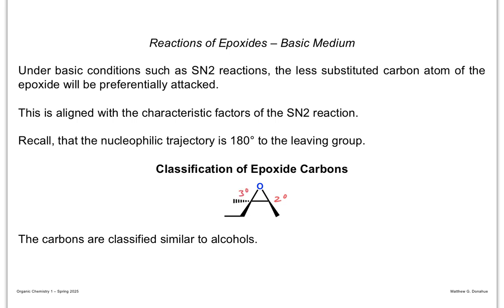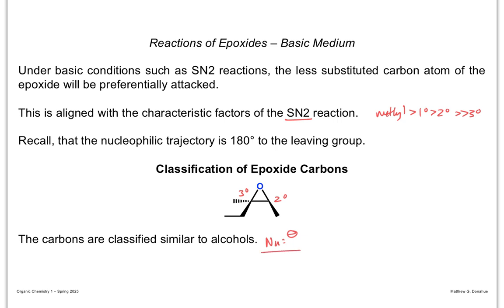Now, if we're under what I'm calling basic conditions or nucleophilic conditions, we're considering the SN2 mechanism. We're going to use that rate of class: methyl greater than primary, greater than secondary, greater than tertiary.